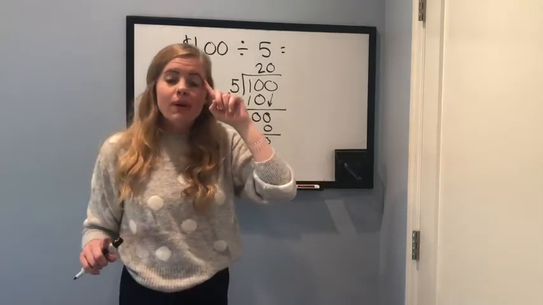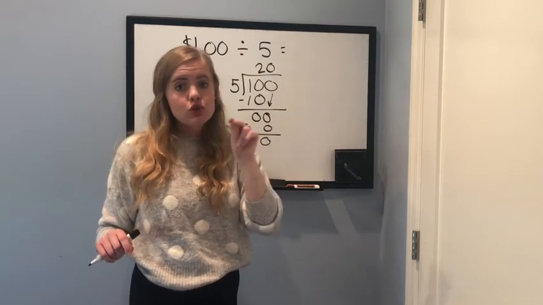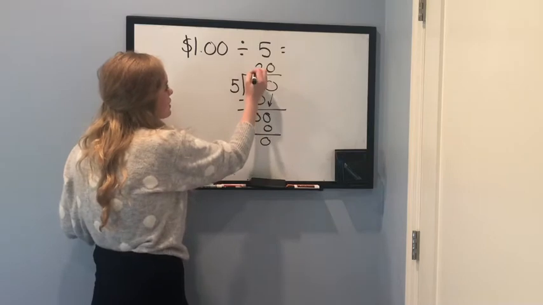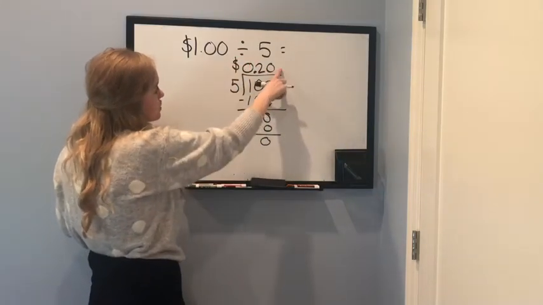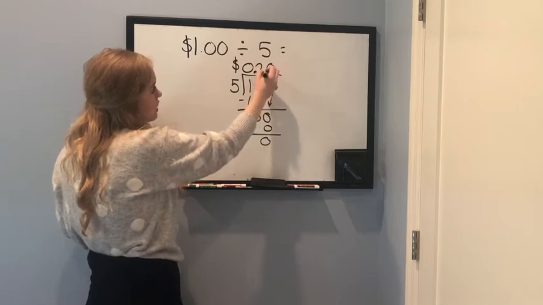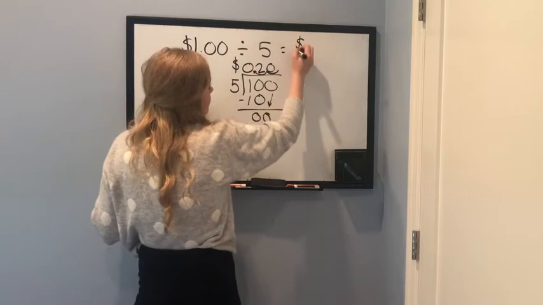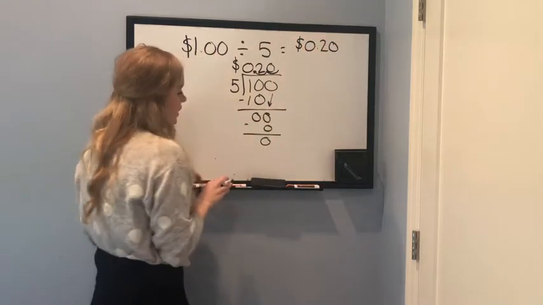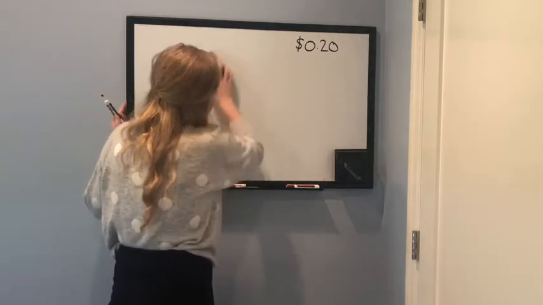So we need to remember that after the decimal point in money, there are 2 digits, right? So this is actually 20 cents. So you still count over from the right, 1, 2, plug it in, and then we have our answer of 20 cents, okay?